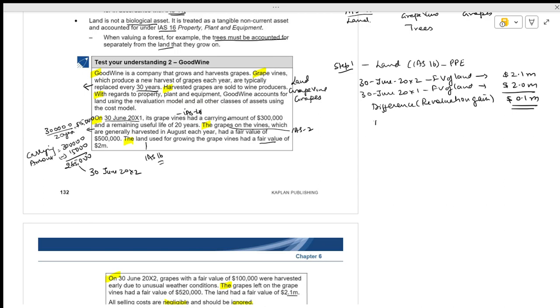The debit is the asset. Credit will be other component of equity. It should be taken into revaluation reserve in terms of equity for 0.1 million.